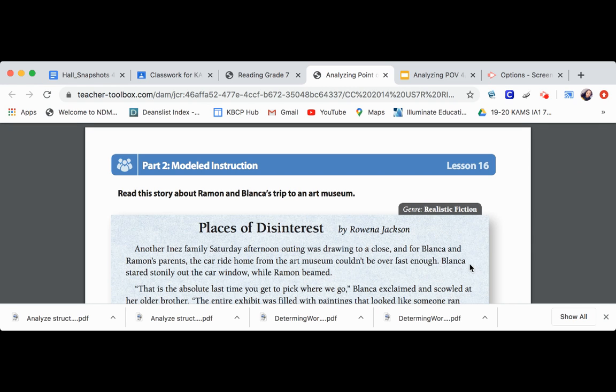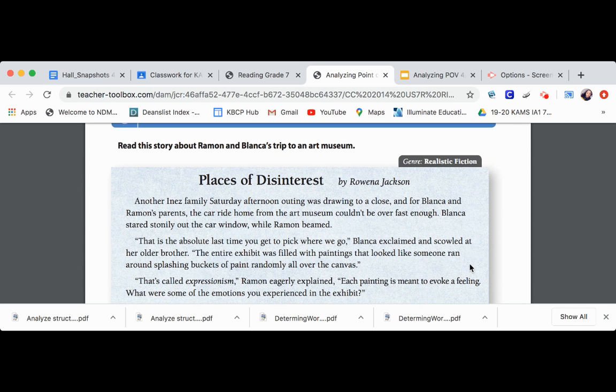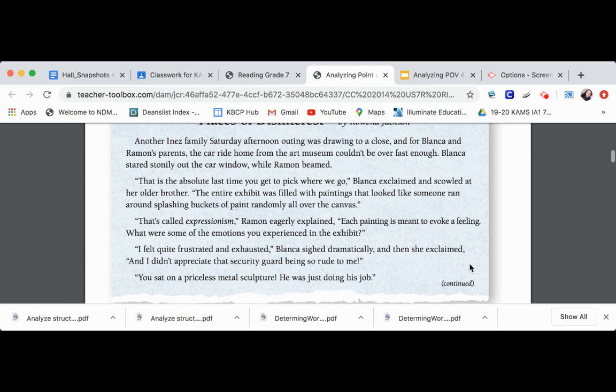Another family Saturday afternoon outing was drawing to a close, and for Blanca and Ramon's parents, the car ride home from the art museum couldn't be over fast enough. Blanca stared stonily out the car window while Ramon beamed. "That is the absolute last time you get to pick where we go," Blanca exclaimed and scowled at her little brother. "The entire exhibit was filled with paintings that looked like someone ran around splashing buckets of paint randomly all over the canvases."